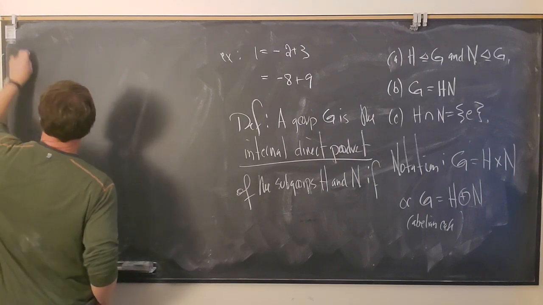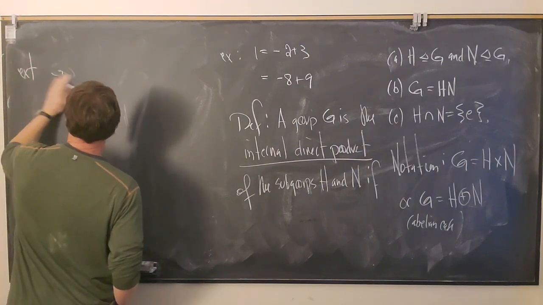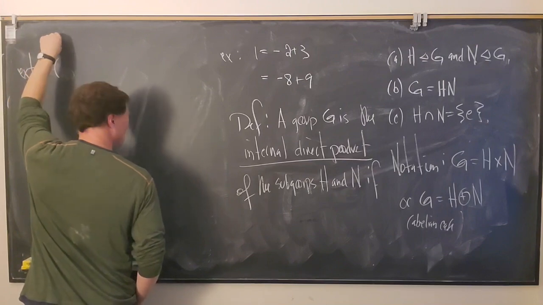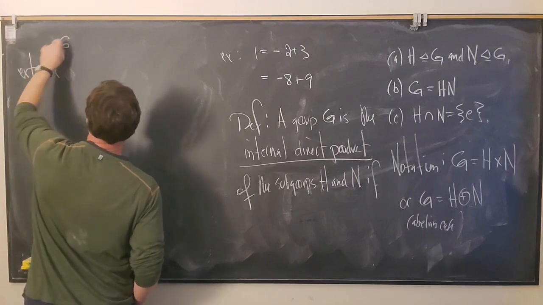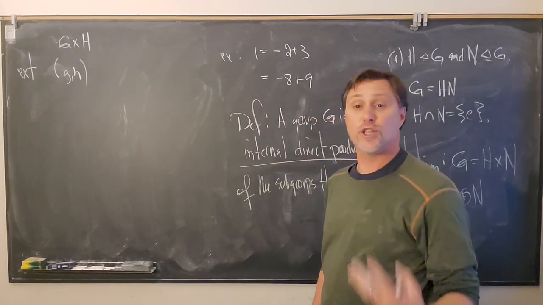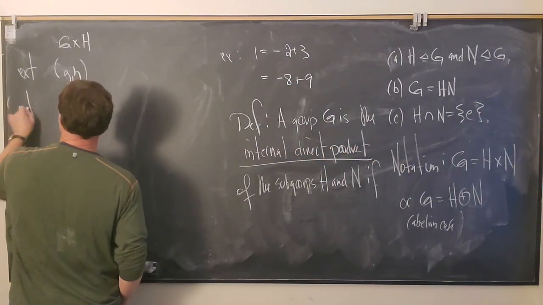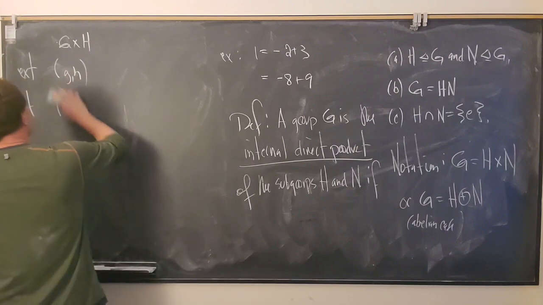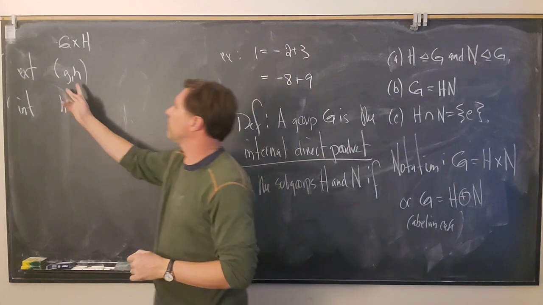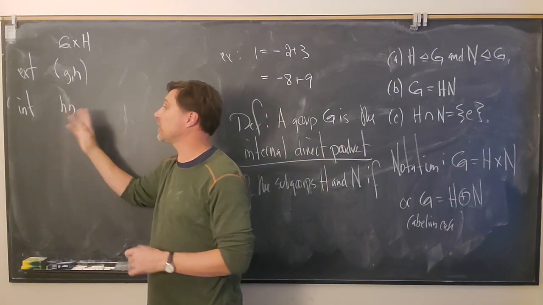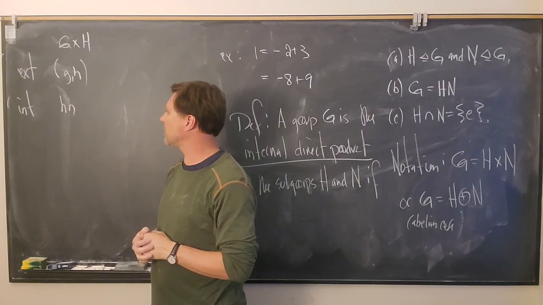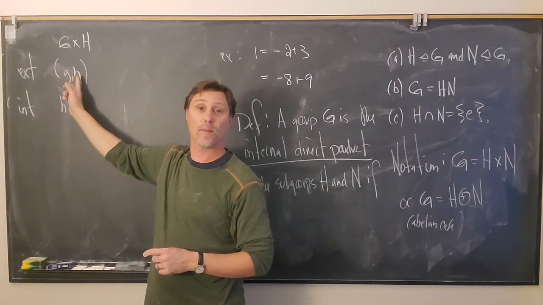In the external direct product, everybody can be written as an ordered pair G comma H. In the internal setting, everybody can be written as an H times N. I know I'm using different symbols here, but the idea is that passing between these two, and we'll see that these really are one and the same, is essentially inserting a comma or deleting a comma.